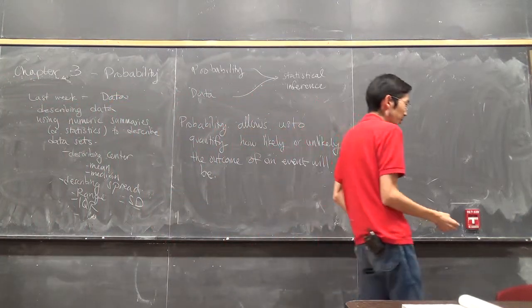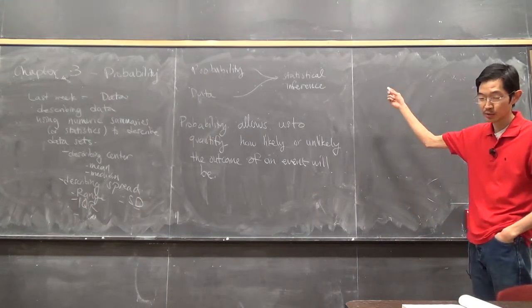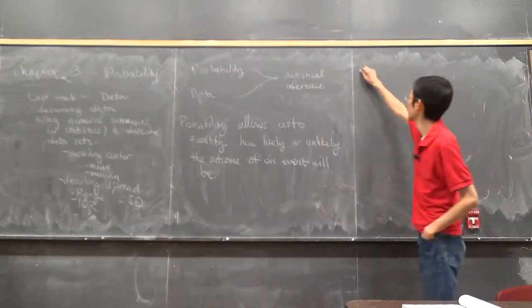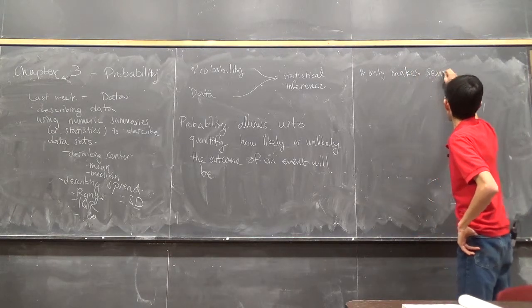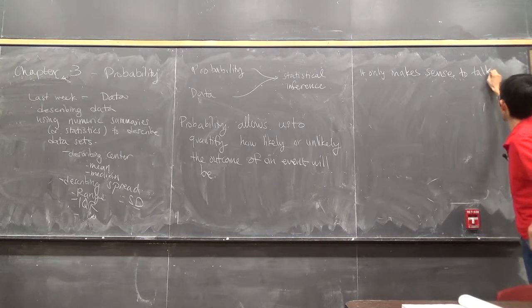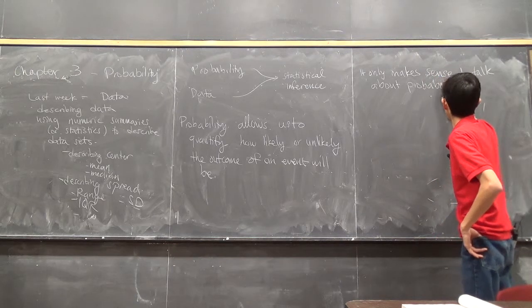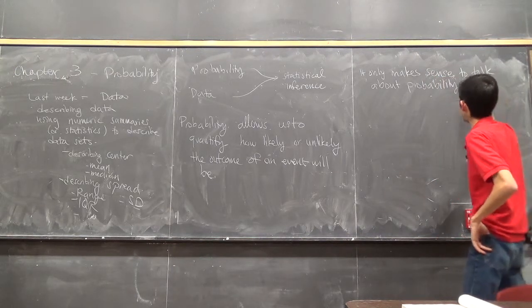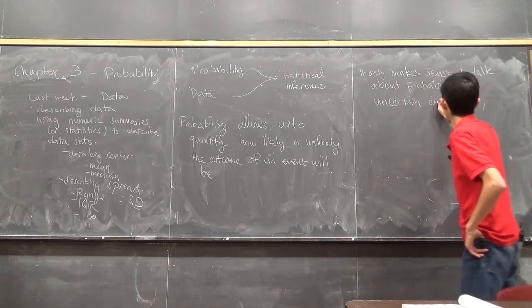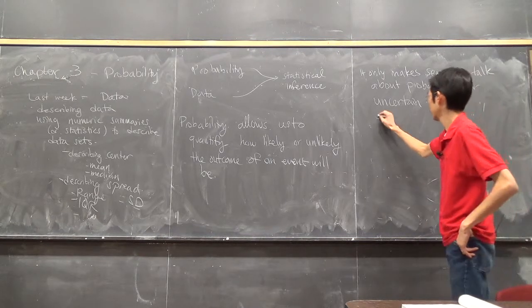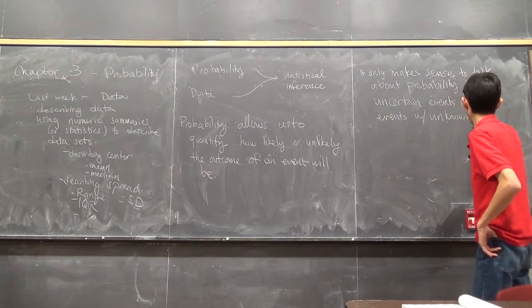So it only makes sense to talk about probabilities for events with unknown outcomes or events of uncertainty.